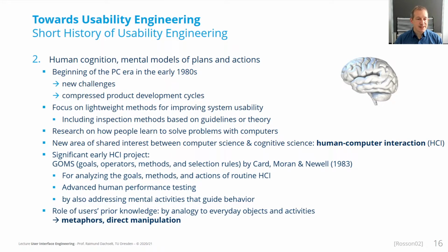And some of the significant early HCI projects were, for example, the goals, operators, methods, and selection rules model by Stuart Card, Moran, and Newell in 1983. We talked about that, and this advanced human performance testing.